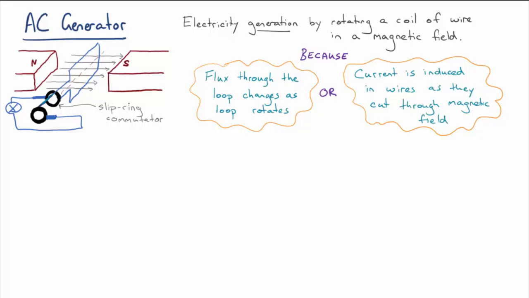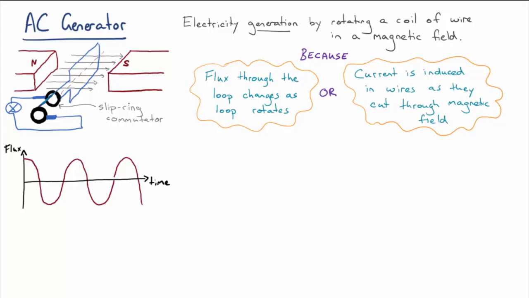All right, so how does the flux change with time? Well, we know with this rotating coil, if we're rotating it at a constant rate, it has a sinusoidal form. We could write an equation for flux. The flux is the number of loops times the magnetic field times the area of that loop times the cos of the angle between the normal to that loop and the magnetic field.